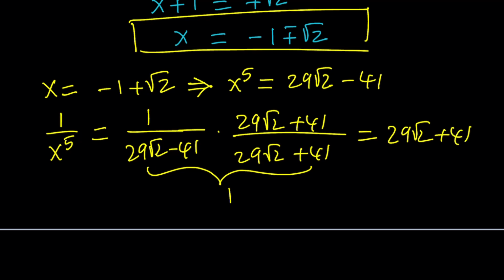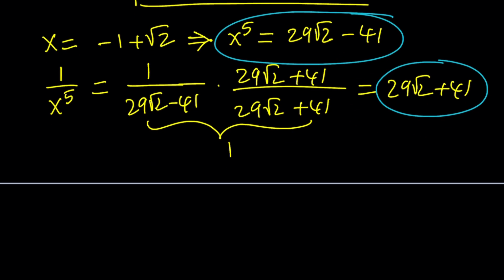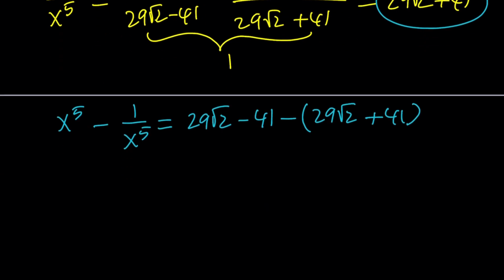So I got x to the 5th power, and I got 1 over x to the 5th power. So all I have to do is find their difference. So what is x to the 5th minus 1 over x to the 5th? It is 29 root 2 minus 41 minus 29 root 2 plus 41. Of course, you have to expand it and negate everything inside the parentheses.